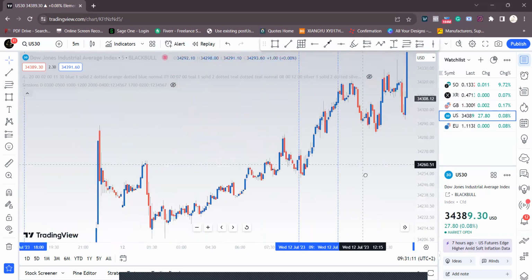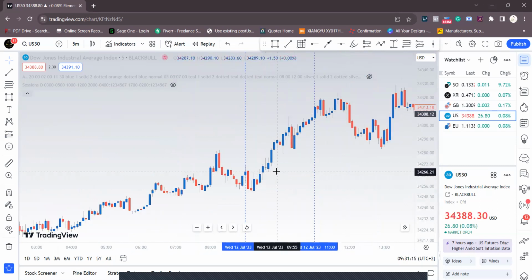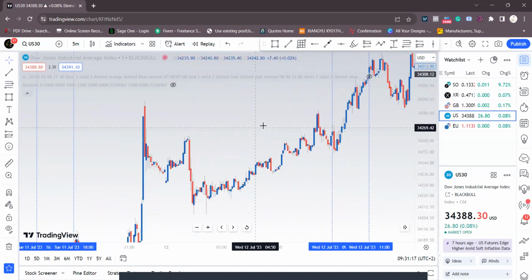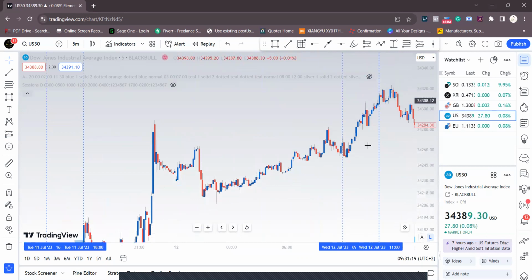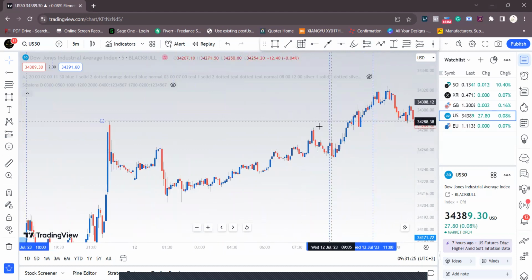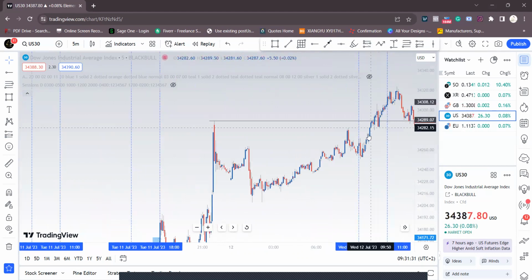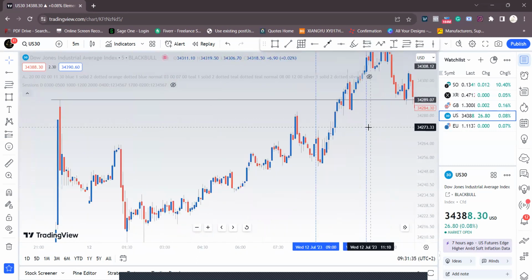So in this session we were looking for buys. The reason we were looking for buys is because, again, there's liquidity resting above this high here. So I was expecting that liquidity to get grabbed before we sell off. I was actually expecting a sell off, but before we have a sell off, we're pushing into this, and this was yesterday.